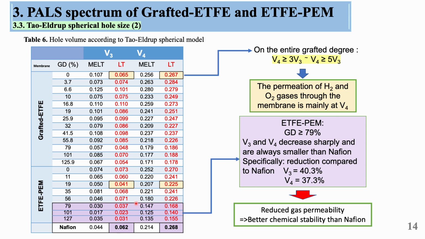And for ETFE PEM, as grafting degree is higher than 79%, V3 and V4 decrease softly and are always smaller than Nafion, with a reduction compared to Nafion of about 40% for V3 and about 37% for V4, so it reduces gas permeability and we get better chemical stability than Nafion.